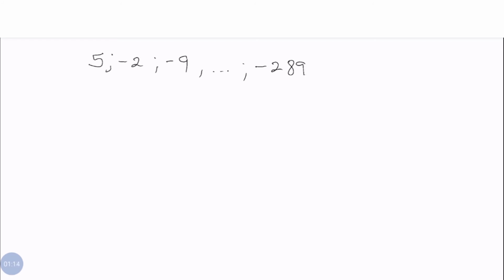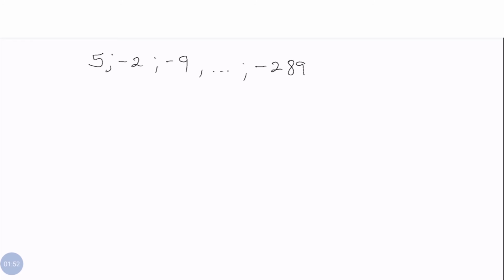So we are supposed to calculate the number of terms when the last term is -289. How do we do that? We have to find the equation of the pattern.